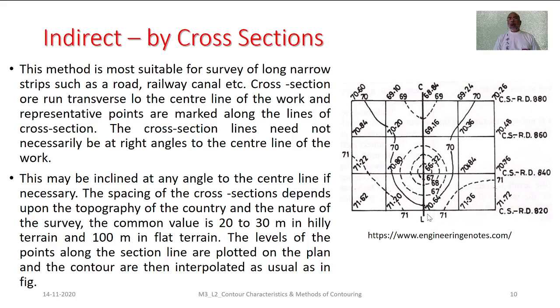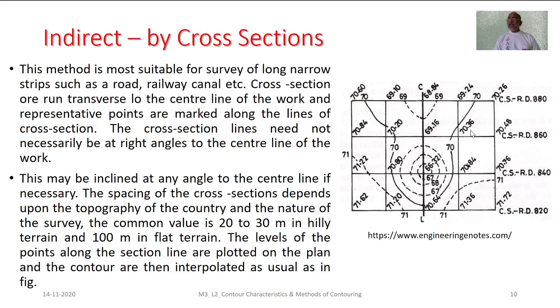Now we do not necessarily have all those cross sections at 90 degrees, because as you know, as we deal with a pipeline-like structure, a road-like structure or a canal-like structure, there will be a number of turns involved, and accordingly these lines will be perpendicular sometimes, or could be making some convenient angle in order to plot the feature under consideration.